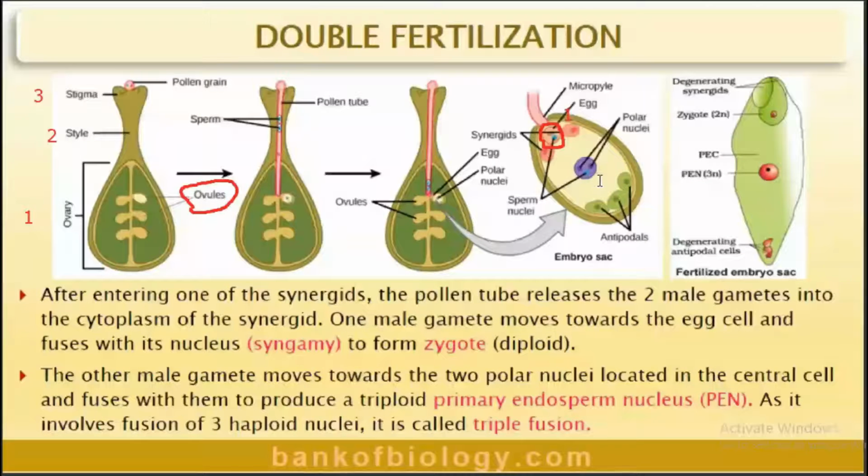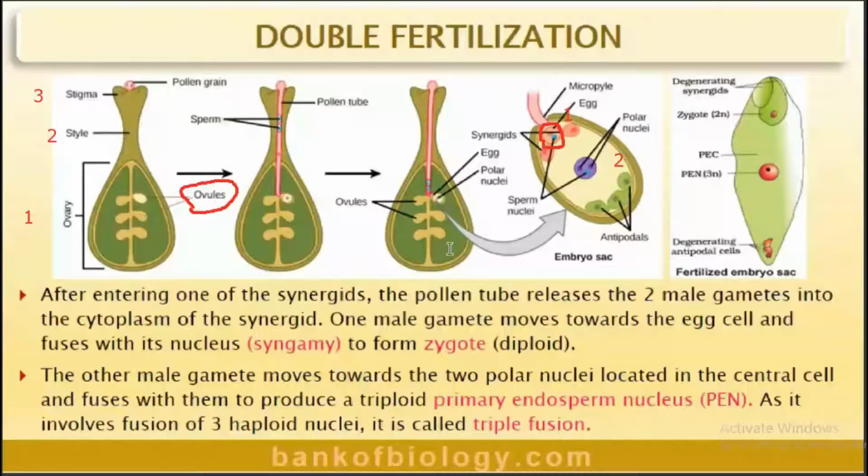And second, near the center, we can see the polar nuclei. The fusion of one male gamete with this egg and the fusion of another male gamete with the polar nuclei is going to take place.